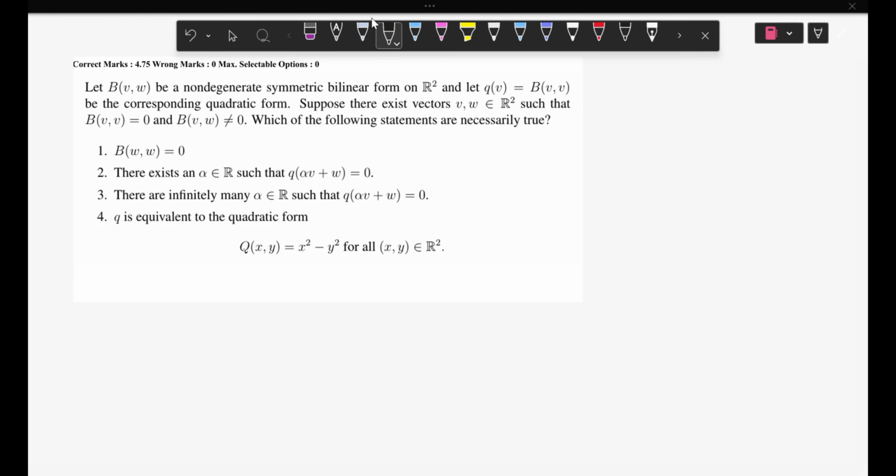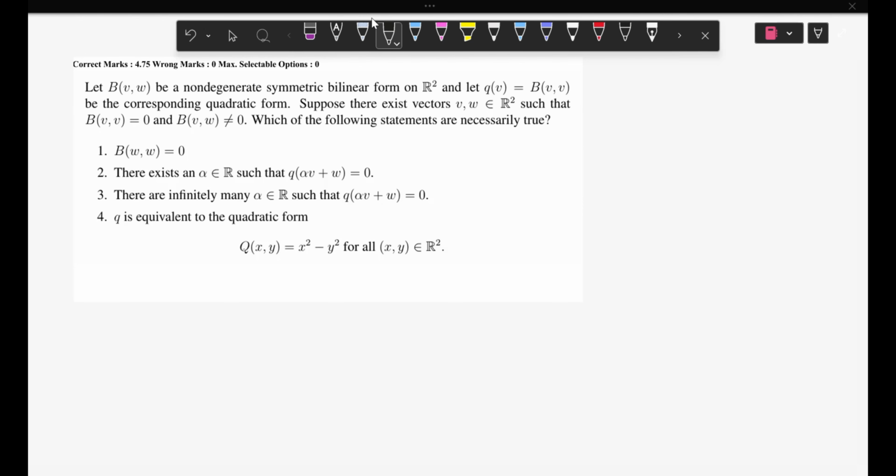First option: B of W, W equals 0. Second: there exists alpha belonging to R such that Q of alpha V plus W equals 0. Third: there are infinitely many alphas such that Q of alpha V plus W equals 0. And fourth: Q is equivalent to the quadratic form Q of x, y equal to x square minus y square.